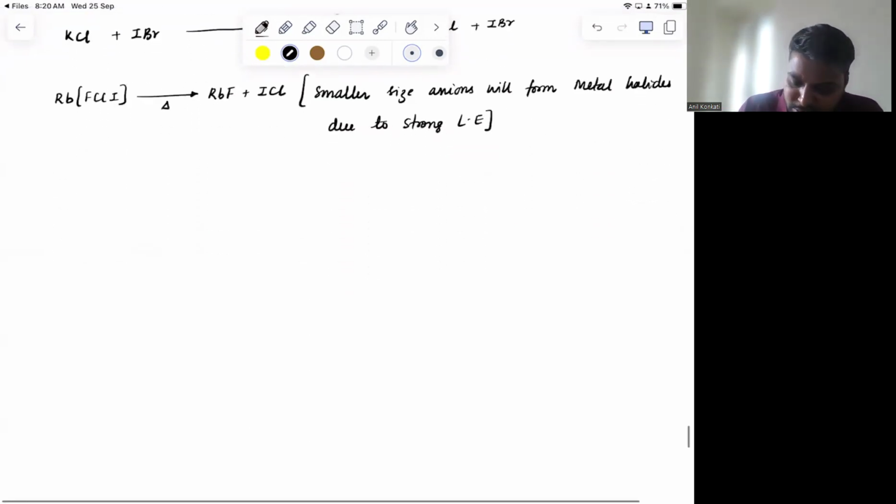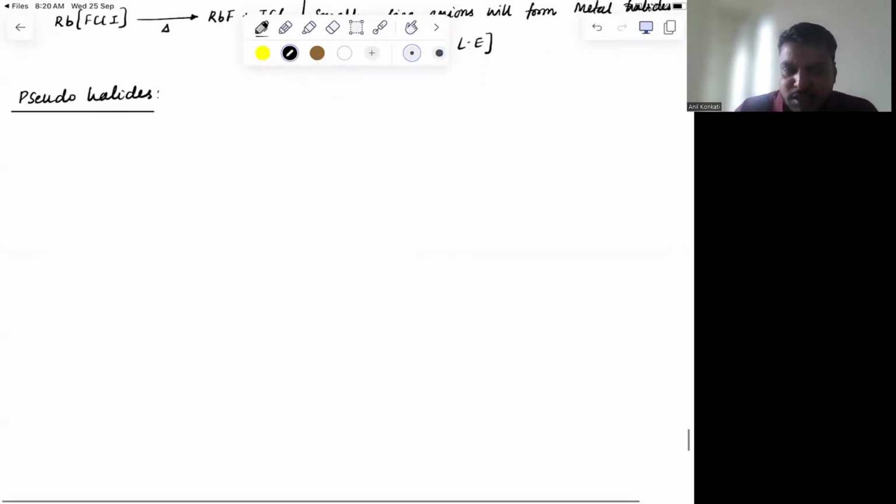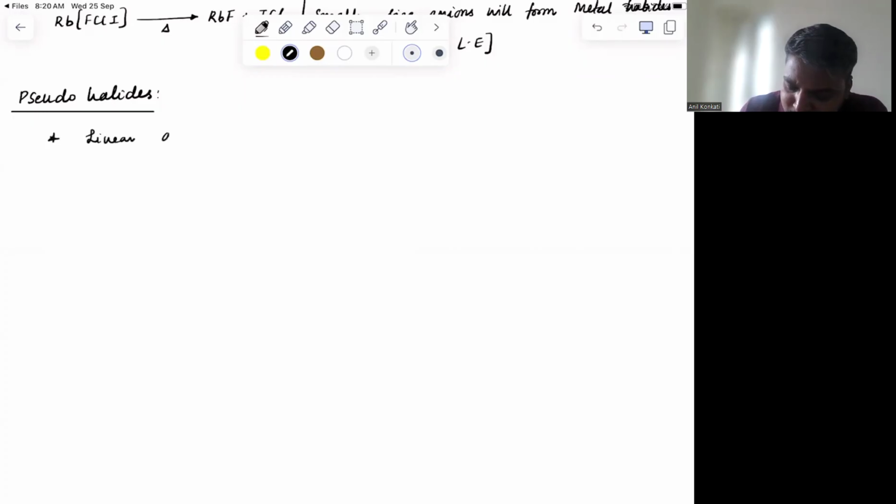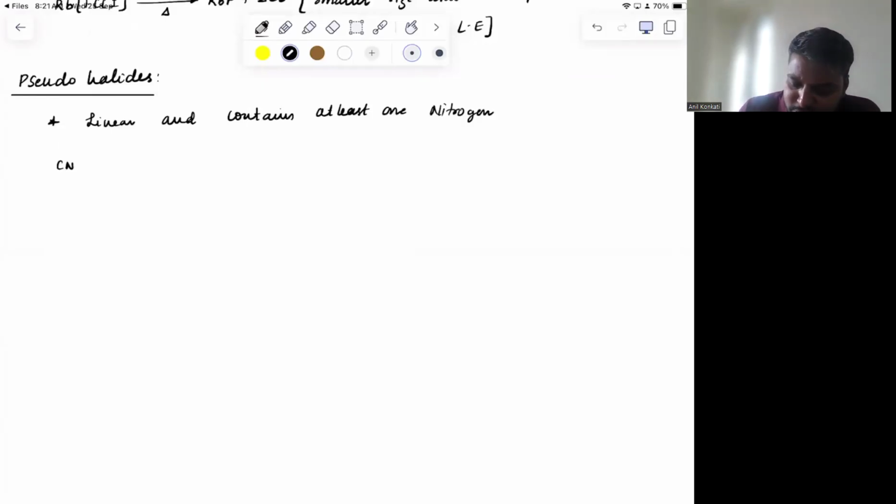Clear? Lastly, what we need to learn is pseudo halides. Pseudo halides or pseudo halogens are the ones which are generally linear and contain at least one nitrogen. Examples include CN minus, cyanide.